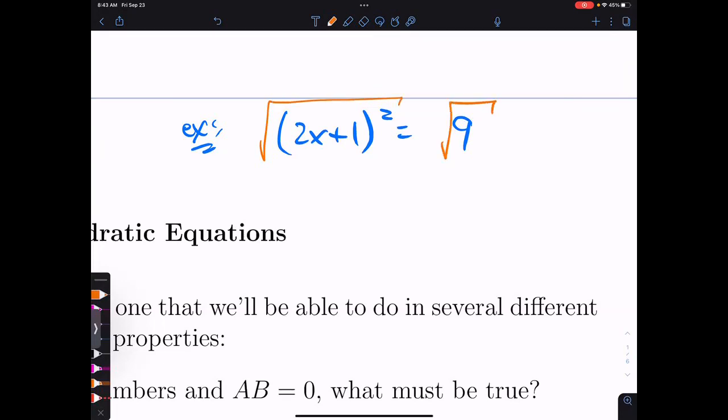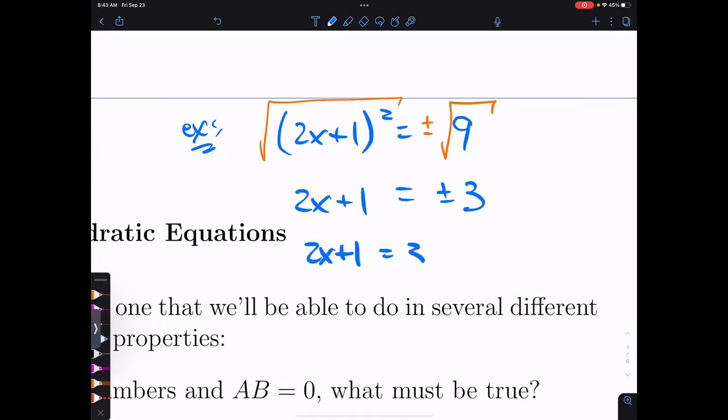But again, if I decide a square root is going to help me somewhere, it introduces a plus or minus along with that. So 2x plus 1 would be plus or minus 3, which splits it into two separate things to work out. 2x plus 1 is 3, or it's -3, and then you solve those.